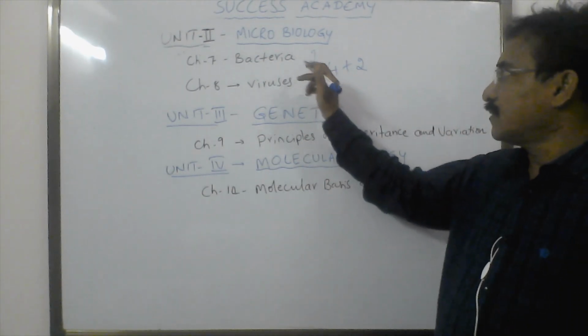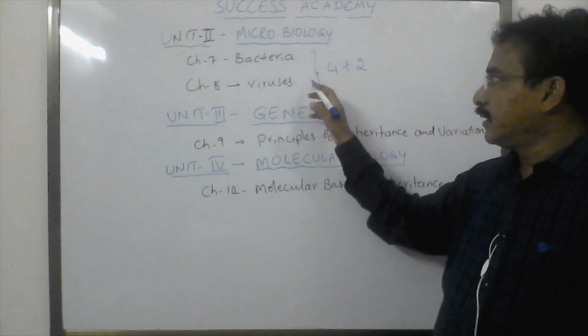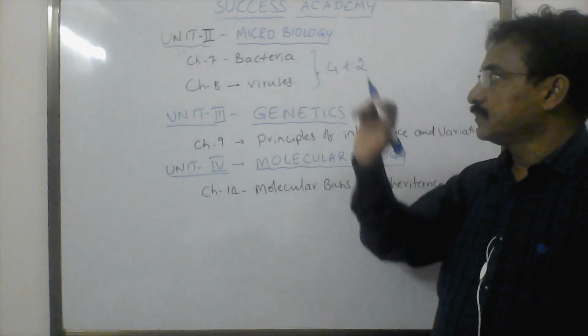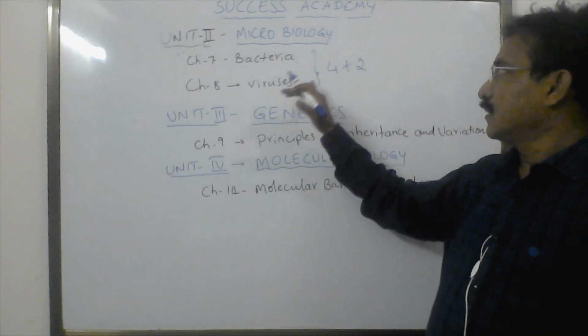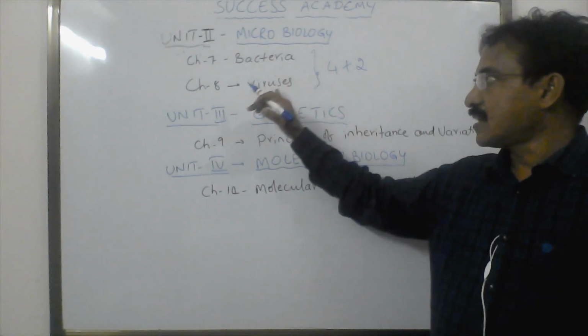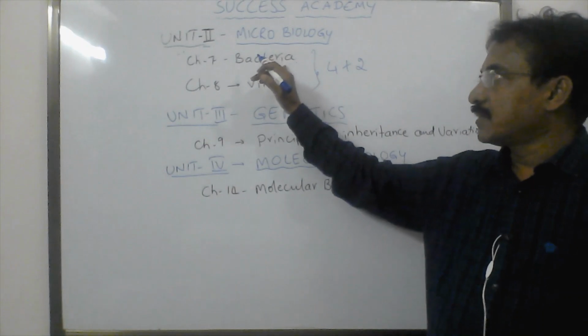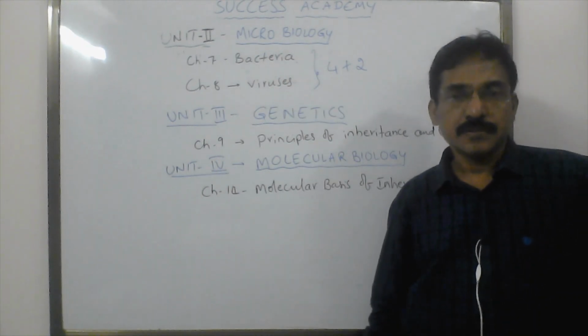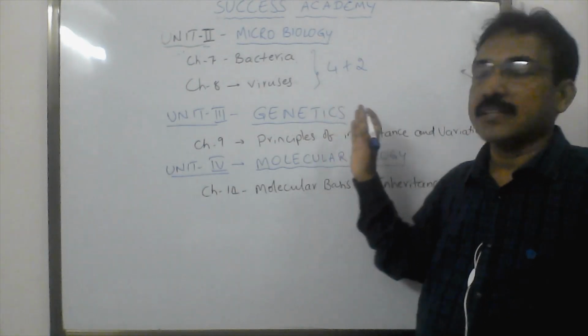If the 4 marks question is asked from the bacteria chapter, then the 2 marks question is asked from viruses. Sometimes it is reversed. If a 4 marks question is asked from the viruses chapter, then a 2 marks question is asked from the bacteria chapter. So the total weightage of unit 2 microbiology is 6 marks.